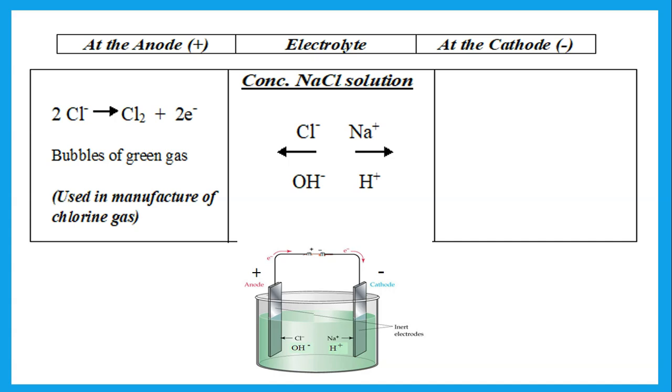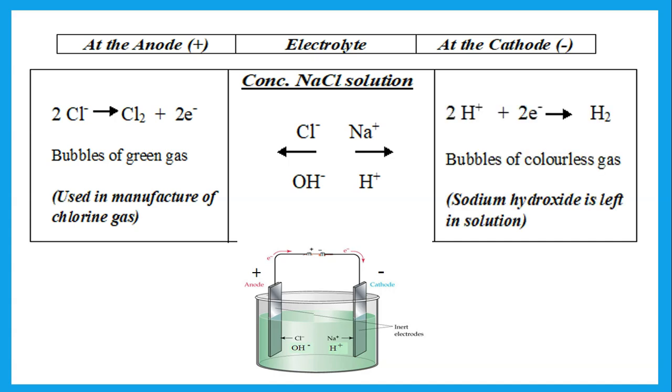Now, at the cathode, we have a choice between Na+ and H+. Remember, when we're choosing between chloride and hydroxide, it was the one present in larger amounts. But when we're choosing between Na+ and H+, it is always the H+ that reacts. The one that is lower in the reactivity series is the one that works in electrolysis.